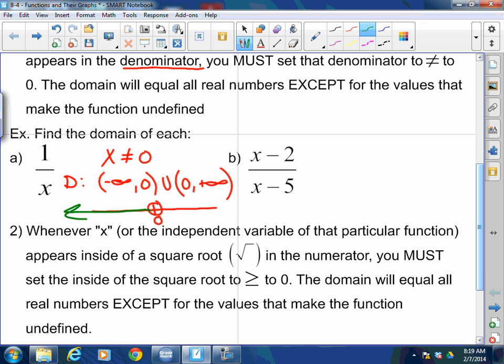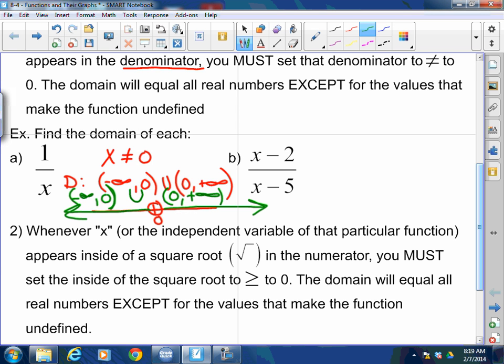And can't everything to the right of 0 be a solution? So isn't it from my smallest value, negative infinity, to 0 with a parenthesis because 0 is not included, in union with from 0 to positive infinity? Does that help you guys see that?